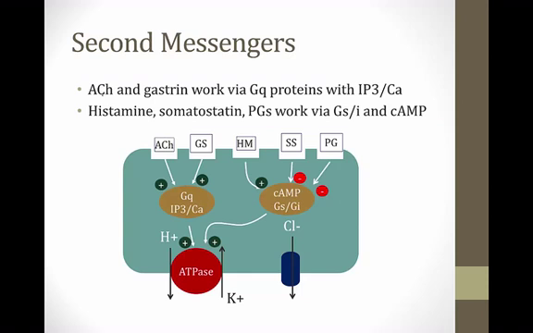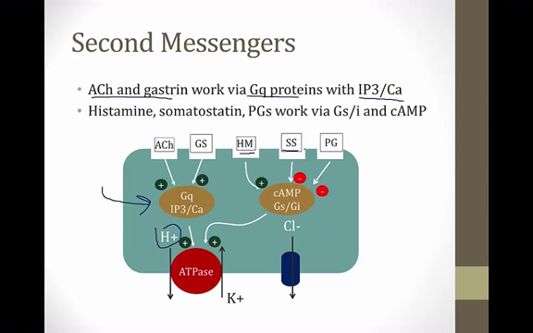The second messenger systems of the different stimuli and inhibitors of parietal cells have been fairly well characterized in the basic science laboratory, and they like you to know something about these for step 1 of your boards. So acetylcholine and gastrin work via GQ proteins with an IP3 calcium second messenger system. I've shown that here. Both acetylcholine and gastrin can activate the GQ protein, which then stimulates protons to be pumped into the lumen of the stomach.